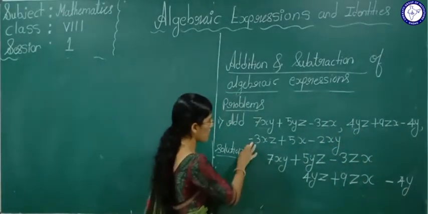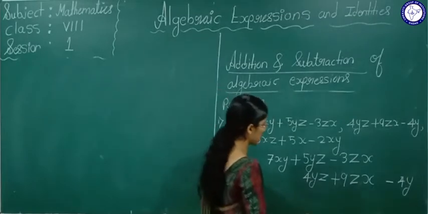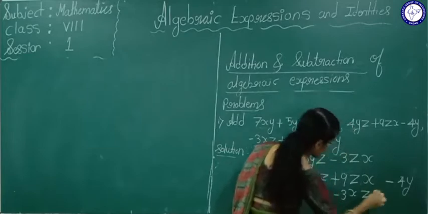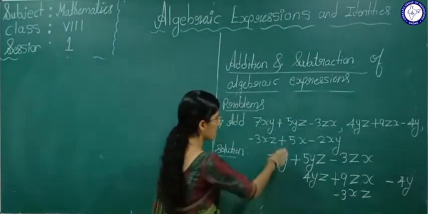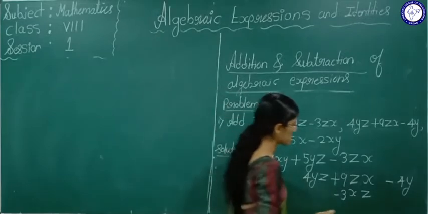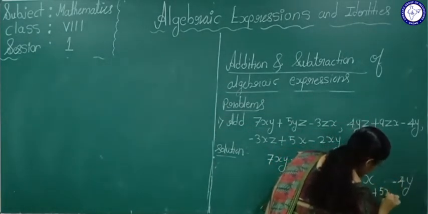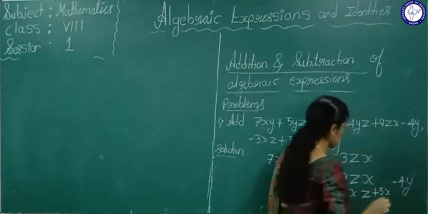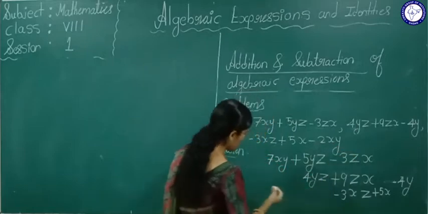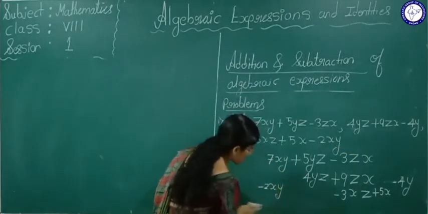Next here, minus 3xz. Minus 3xz. Plus 5x. Plus 5x. Okay, plus 5x we will keep this side. Now minus 2xy. Minus 2xy.